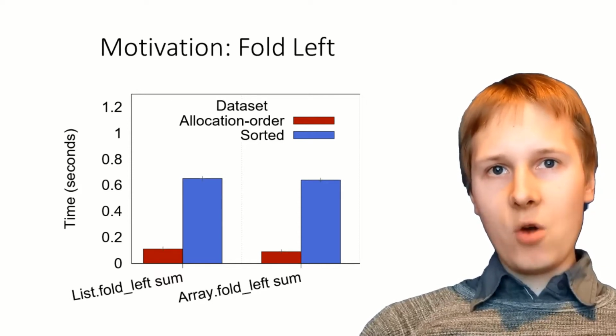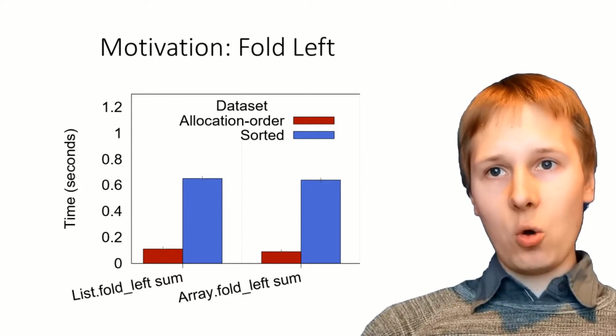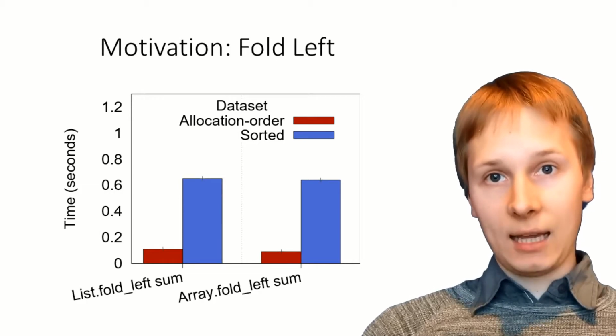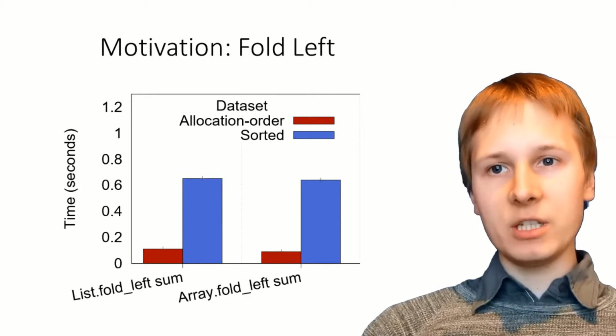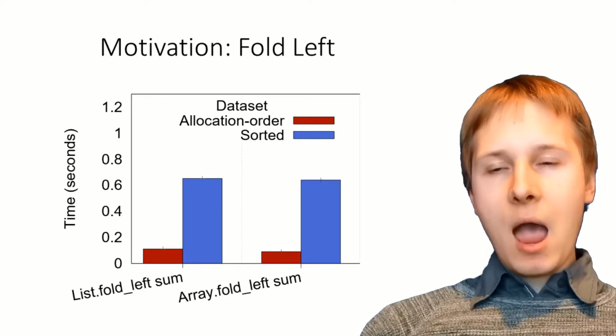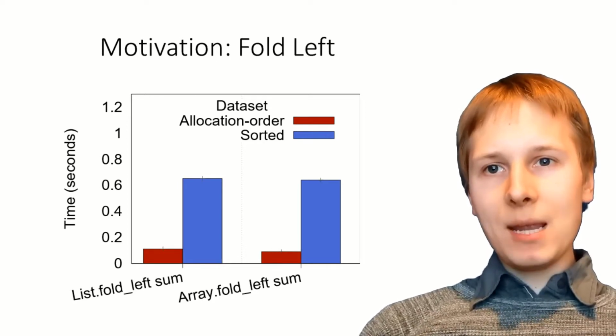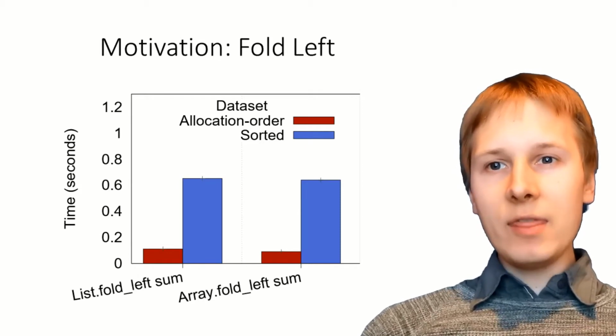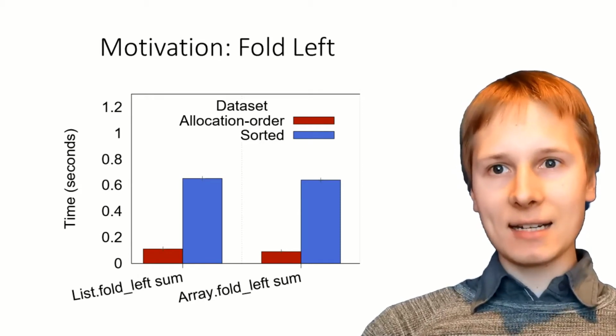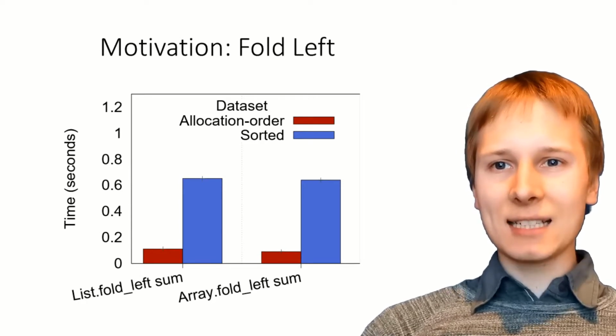If we execute over a list that is being accessed in the order it was initialized and thus allocated in, on both arrays and lists, this operation takes about 0.1 seconds. However, if we repeat that on data that has been reordered via sorting it, then the exact same code on the exact same data is suddenly 6 times slower.